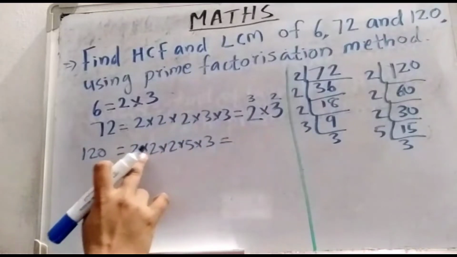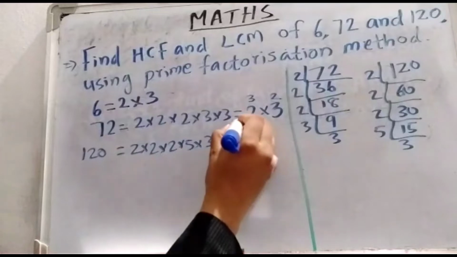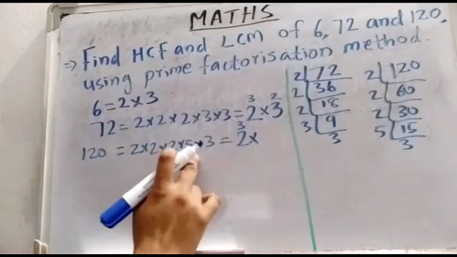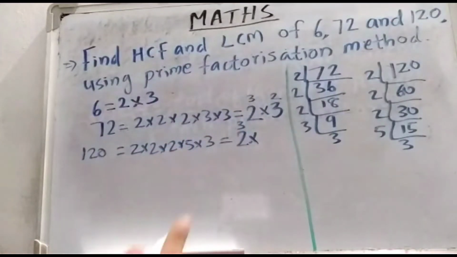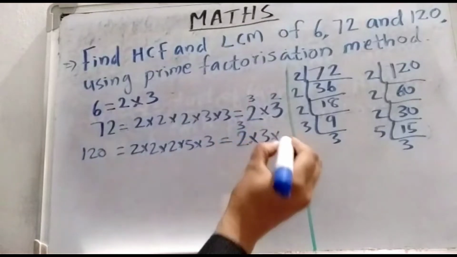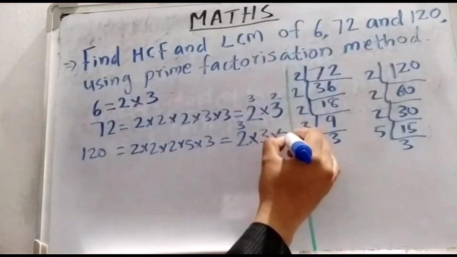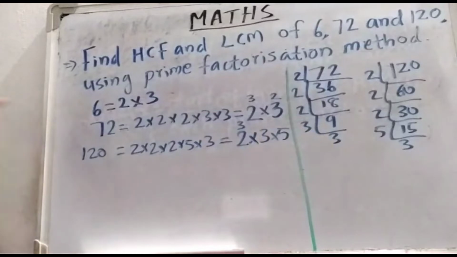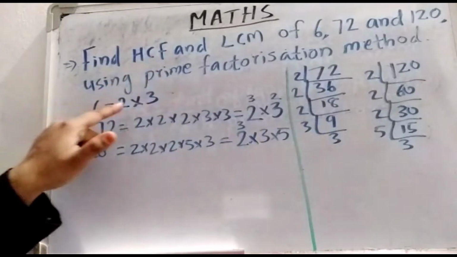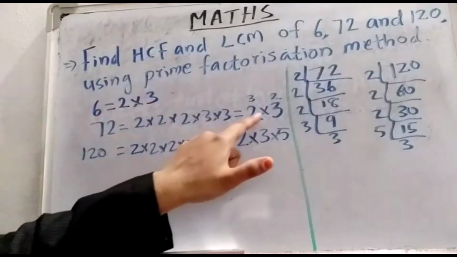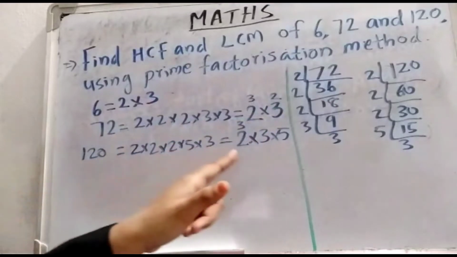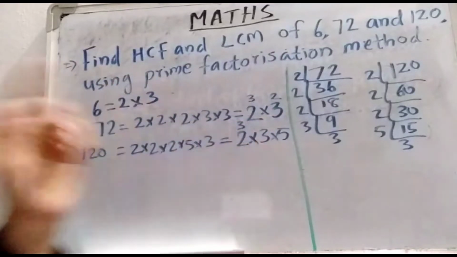That is 2 cube into 3 into 5. So 6 is equal to 2 into 3, 72 is equal to 2 cube into 3 square, and 120 is equal to 2 cube into 3 into 5.